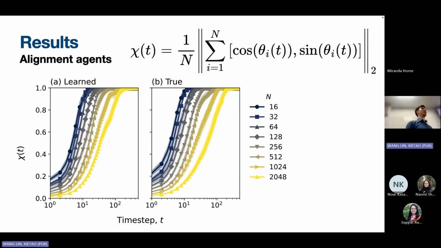The optimizer we use is a standard first-order optimizer, AdamW. It's gradient descent based. Yeah, does that answer your question?